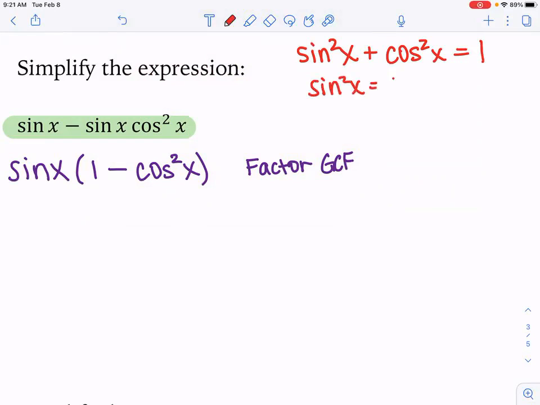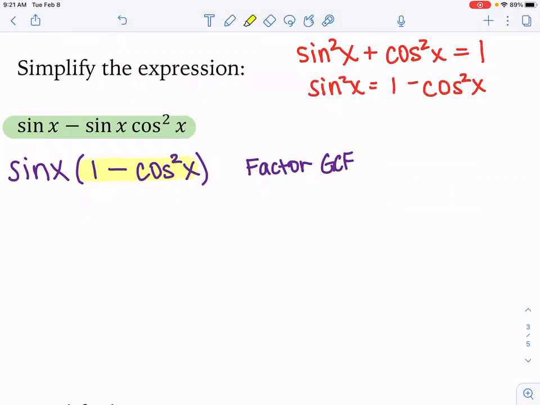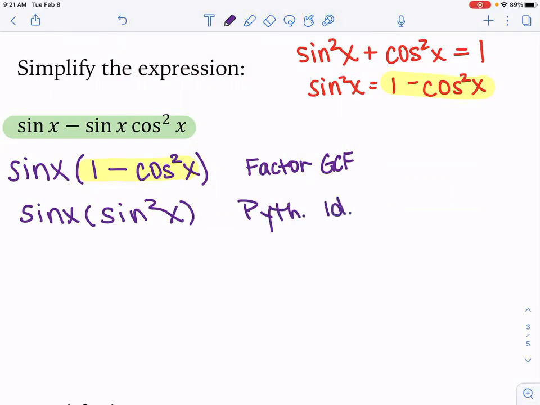I want to move the cosine squared to the other side. So what can we replace 1 minus cosine squared with? Sine squared x. I used the Pythagorean identity to make that substitution.